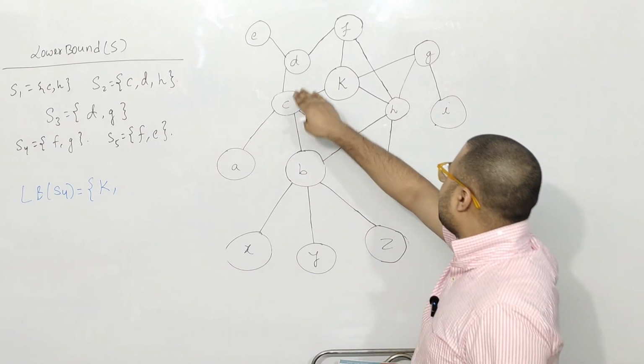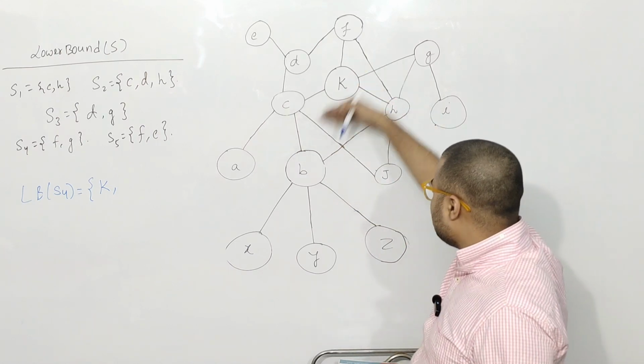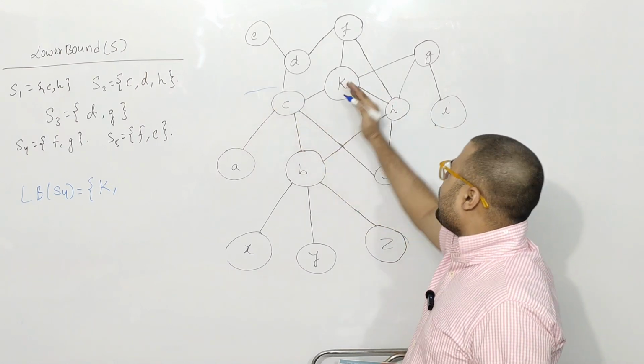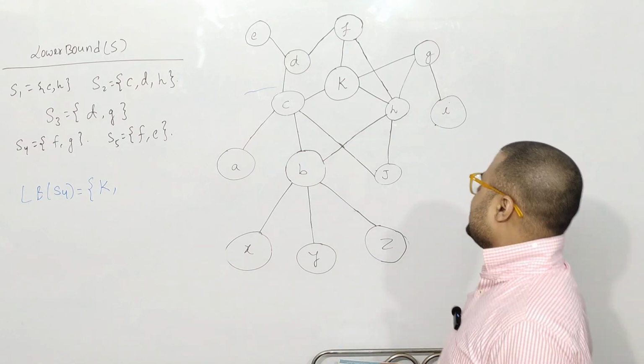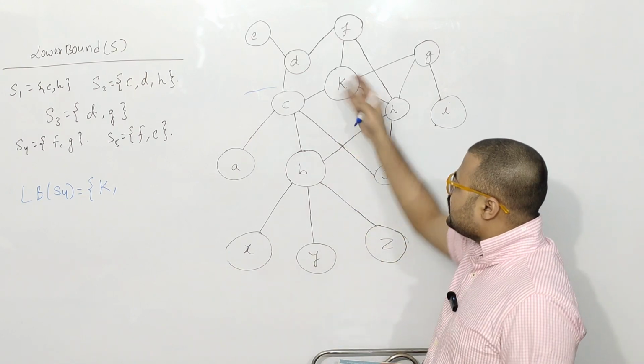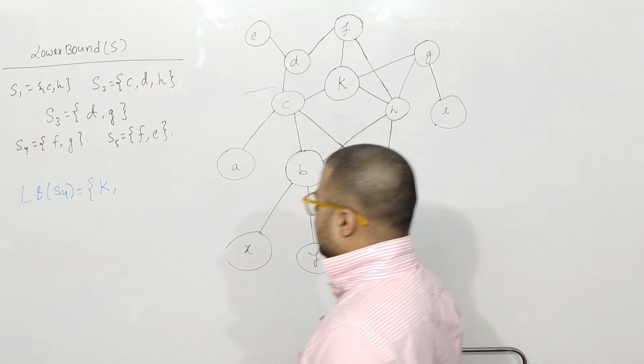And then everything in the connected downward network of K is going to be part of your lower bound.